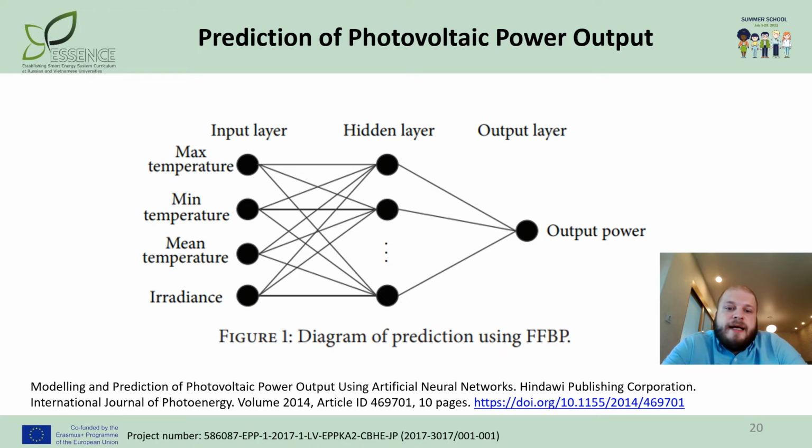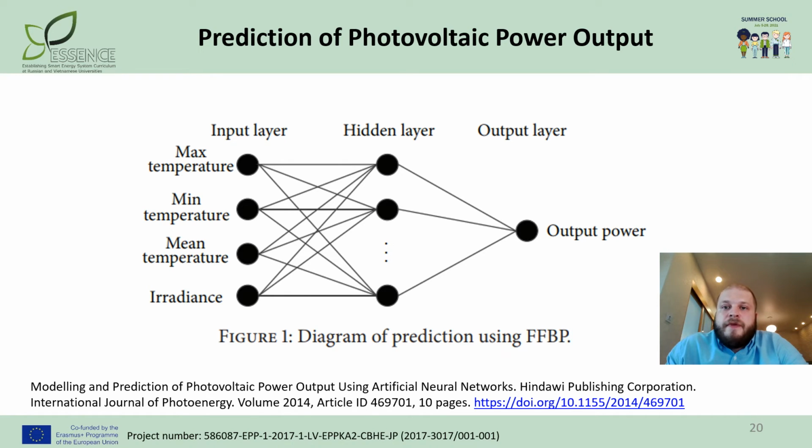On this slide, we see the diagram of prediction using feed-forward backpropagation neural network. An input layer was used for data collection. A hidden layer was used for data processing by neurons, and the output layer for the results. Backpropagation is assumed to be a very popular learning technique for feed-forward neural networks.